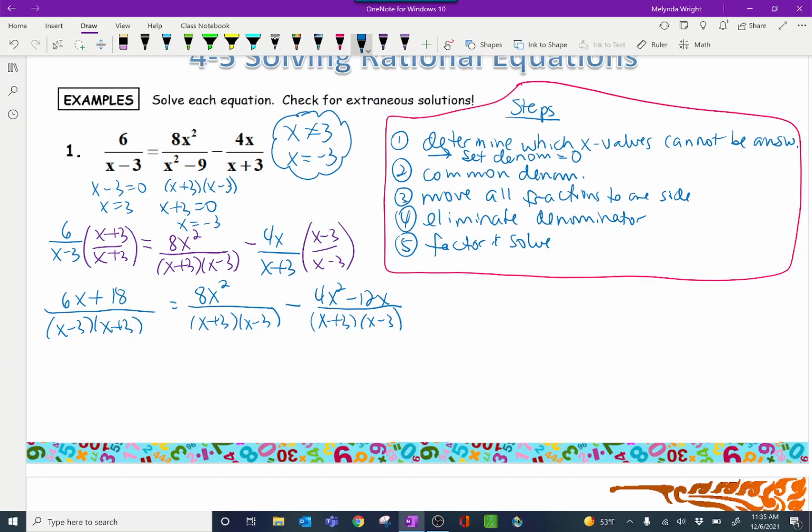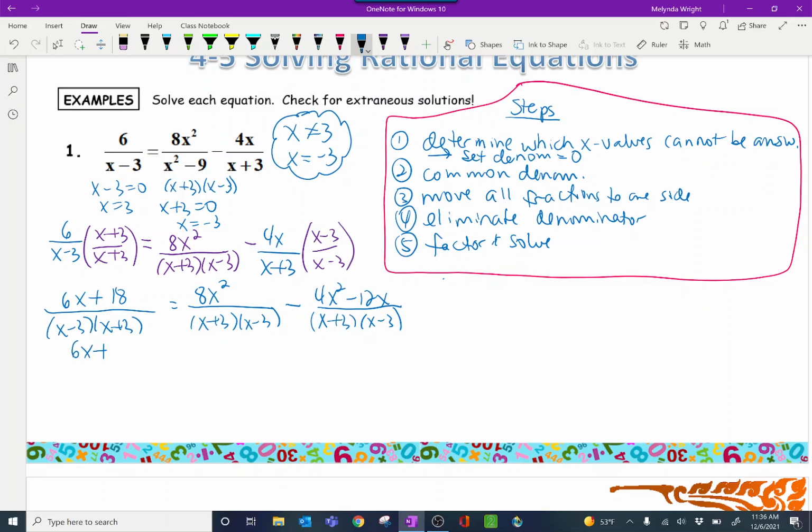Common denominator. Now I'm going to move every fraction to one side. I need it to be equal to 0. And it doesn't really matter which side you go to. I like moving everything to the left side, but you don't have to. We do that so that we can get it equal to 0. All right, so I'm going to bring them together all under one fraction like we've done in the past.